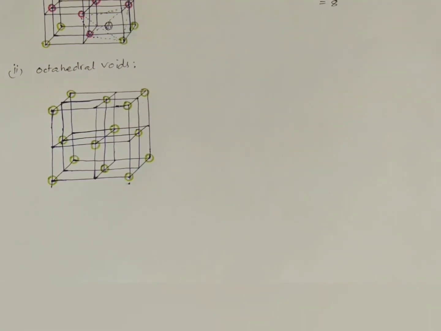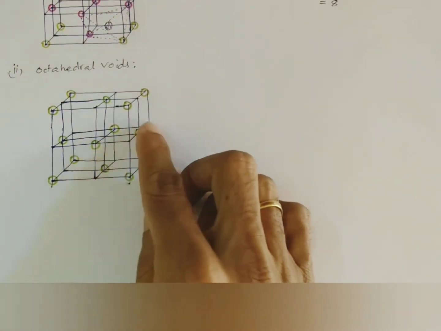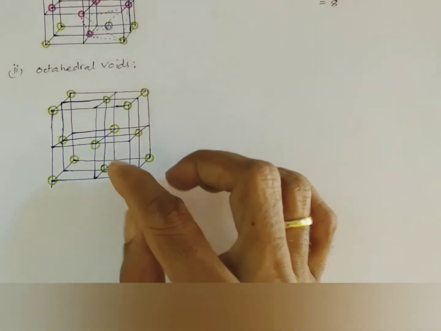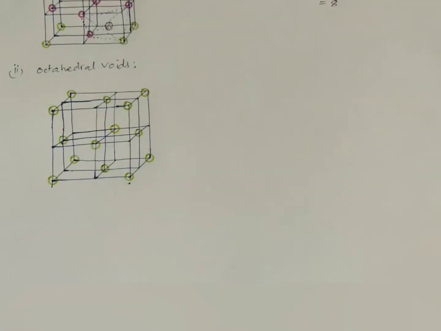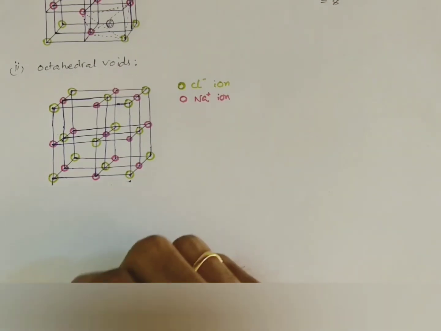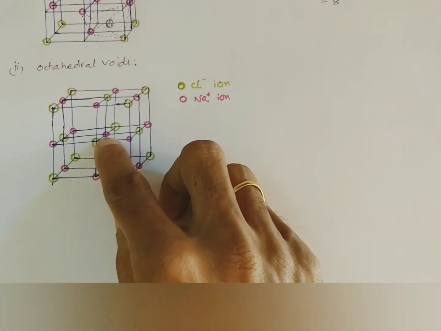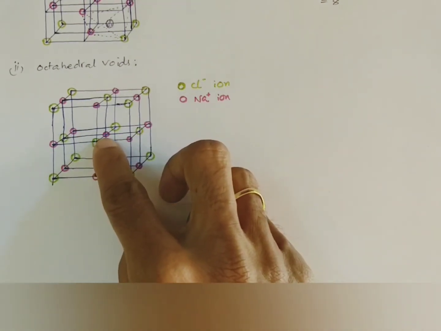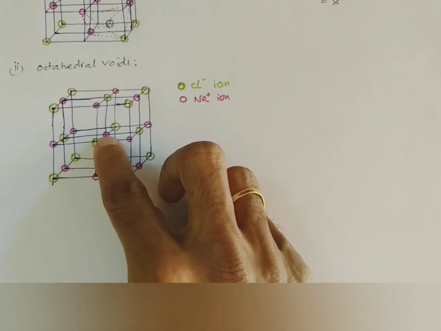Here the chloride ions are forming FCC. So they are present in the corners and on the faces, whereas Na+ ions are present in the body centered position as well as on the edges. And if you observe, each Na+ ion is surrounded by 6 Cl- ions.